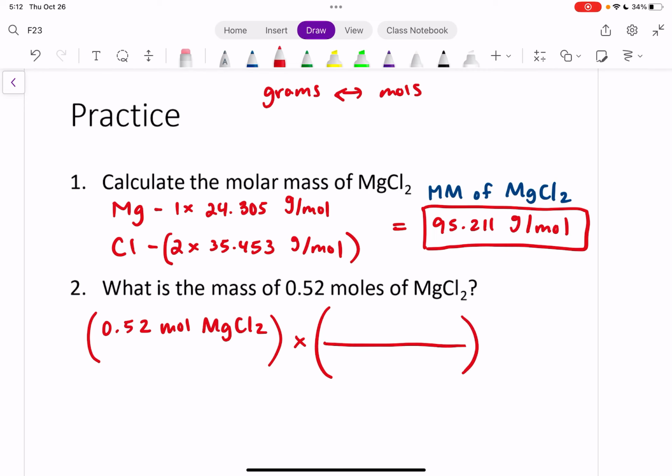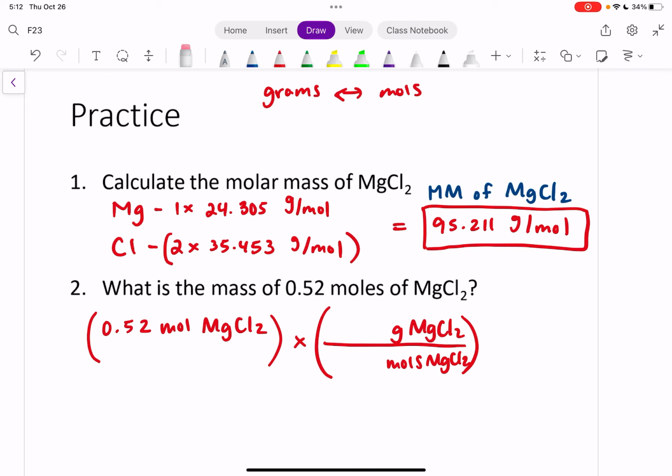So what goes on the top? Is it going to be moles of MgCl2 or grams of MgCl2? Yeah, grams has got to go on the top. Grams of MgCl2, and moles of MgCl2 can go on the bottom. Okay, I'm not done though because I didn't put any numbers there. So what numbers go there?